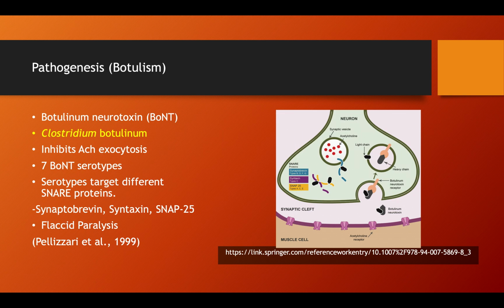BoNT is also a zinc-dependent metalloproteinase, and it also cleaves the VAMP protein. On top of that, it cleaves the syntaxin and SNAP25 proteins as well. We remember that all three of these proteins were categorized as the SNARE proteins that are responsible for making sure that exocytosis happens.